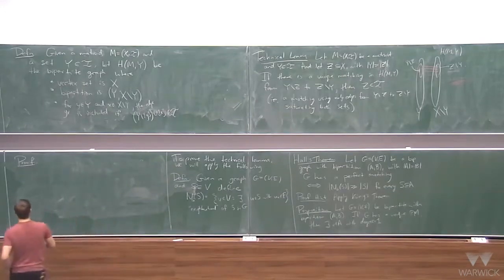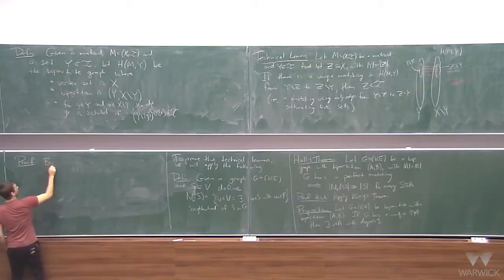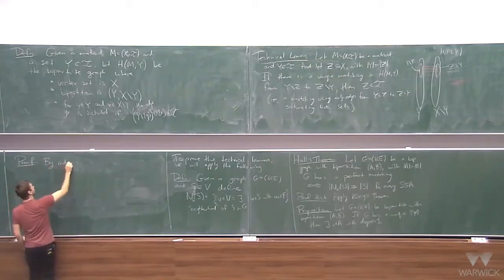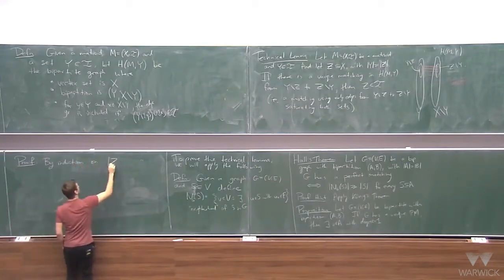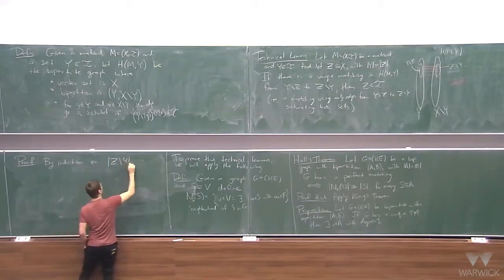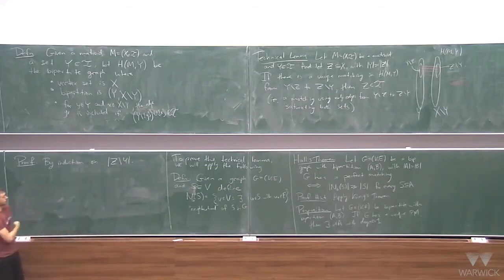Right, so we go by induction on the size of Z minus Y. The base case is when this set has size 0, and that turns out to be trivial.